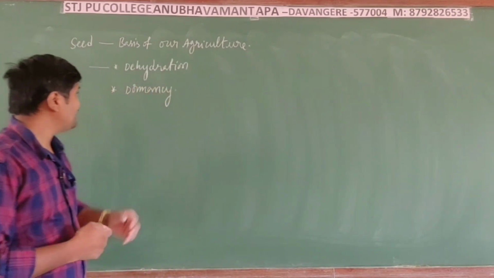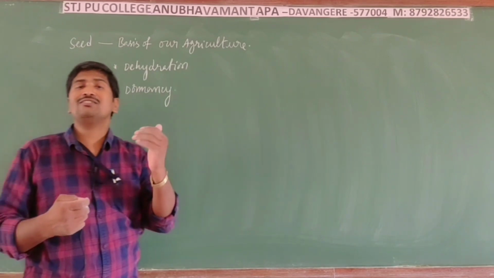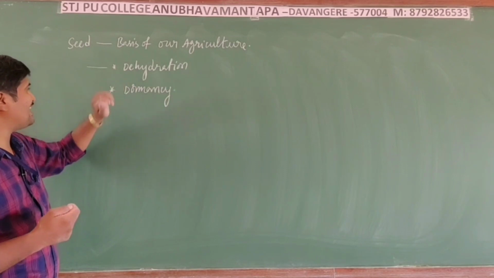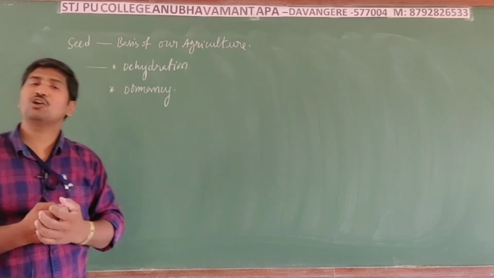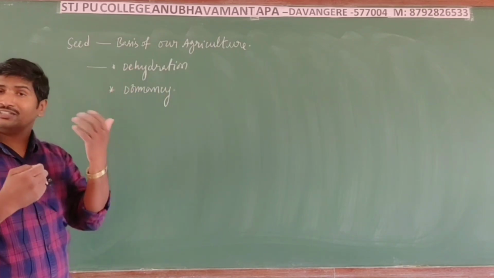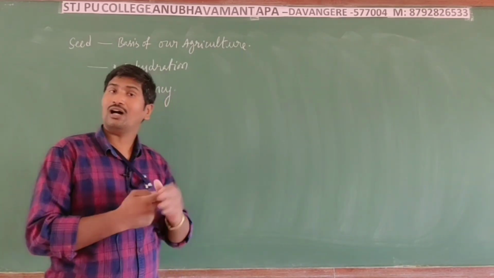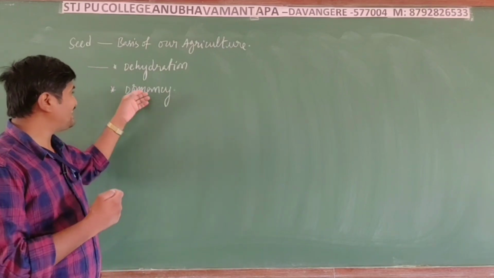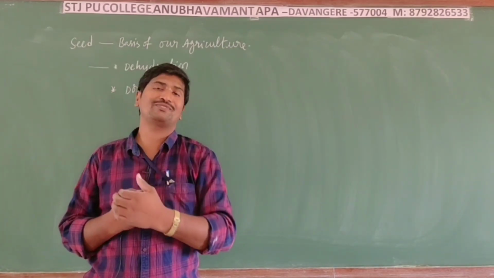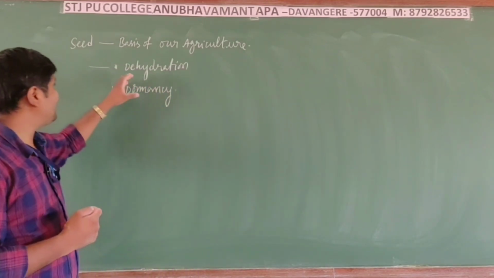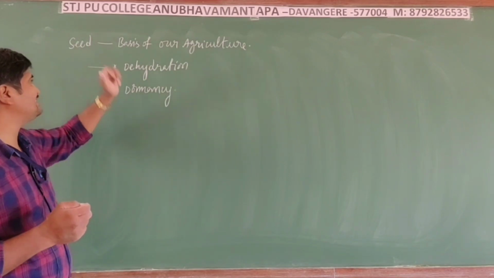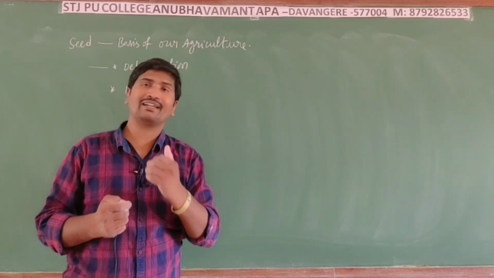For that purpose, these 2 are the main features in agriculture: one is dehydration, another one is dormancy. It is used not only for the storage of food or grains, but it is also useful for raising the next crop season. That's why these 2 characters are present in mature seed, and that's why the seed is the basis of our agriculture.